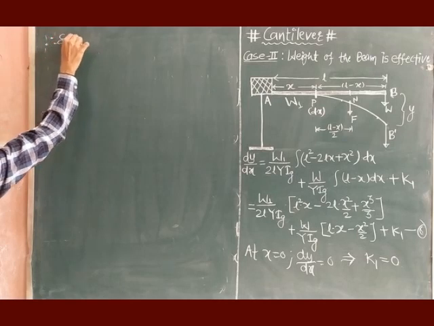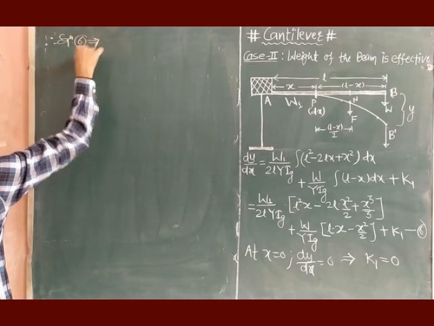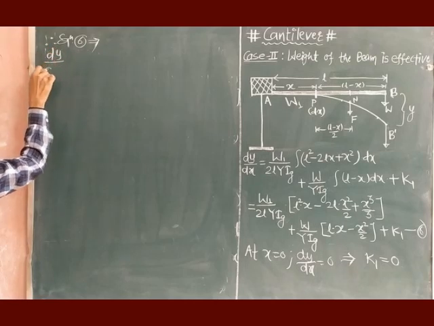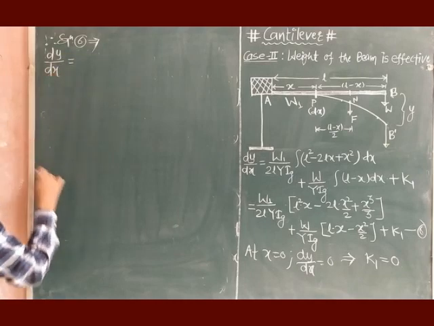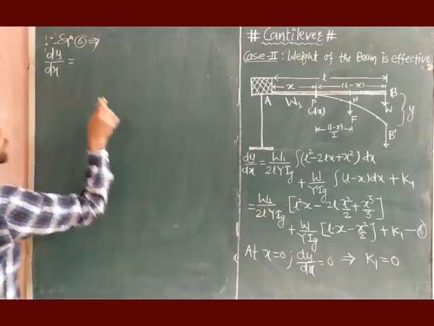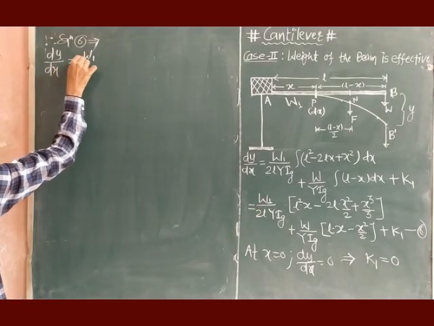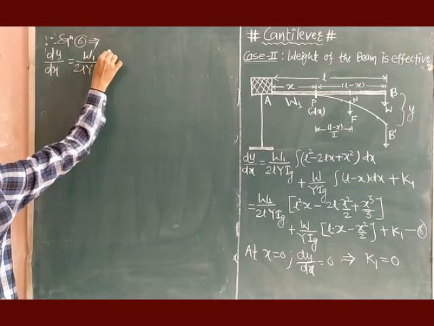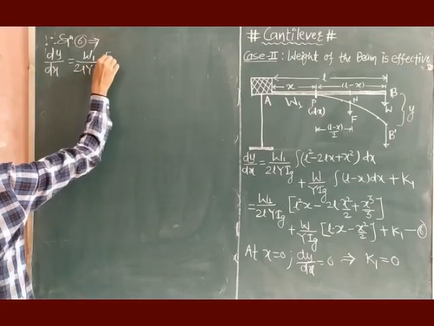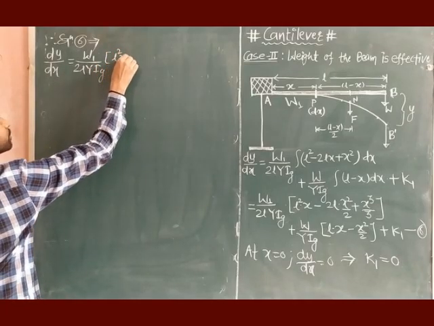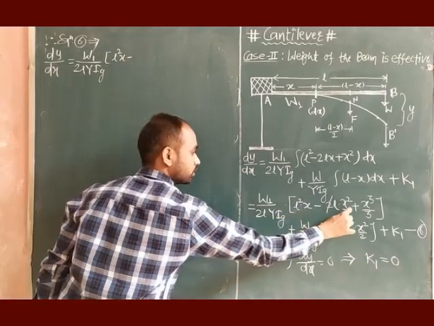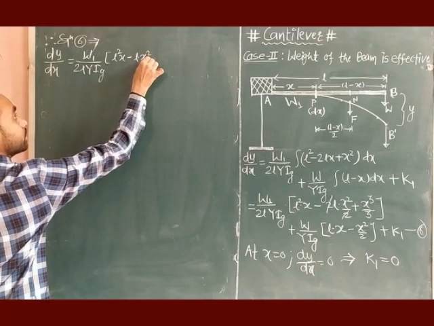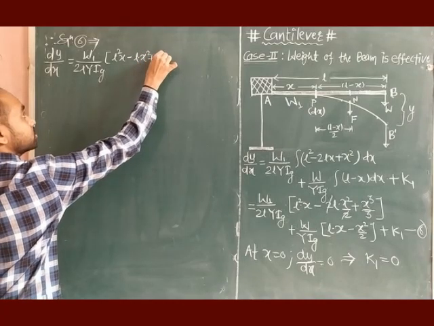equation 6 now. Equation 6 becomes, so how does it become? Left hand side dy by dx is equal to w1 divided by 2 L y_ig in bracket L square x minus, let us cancel these two and these two, L into x square and plus x square.